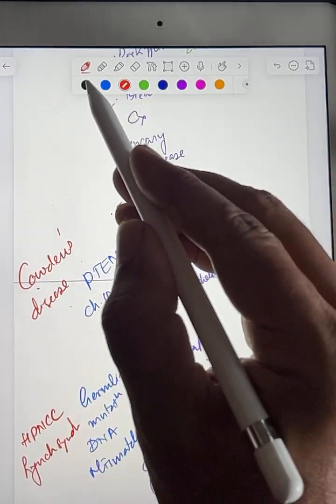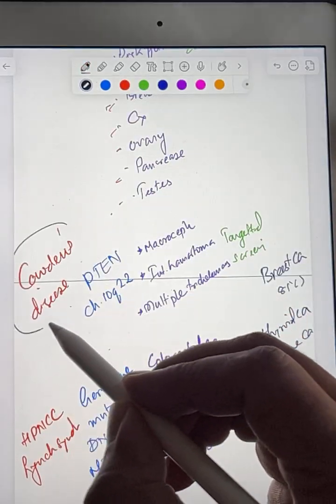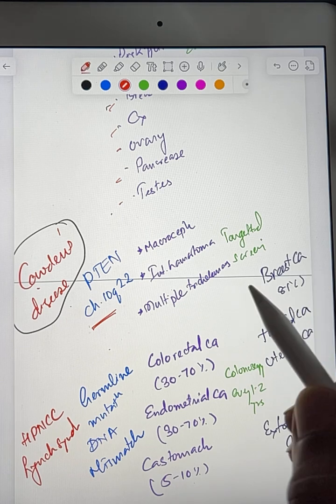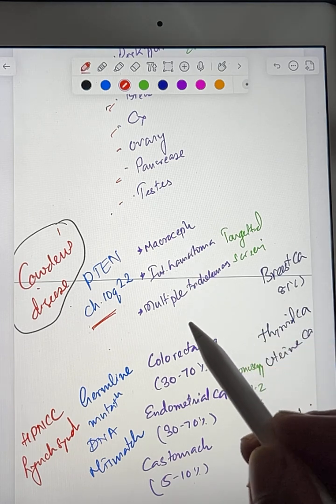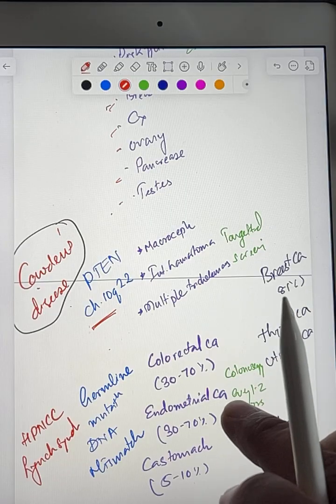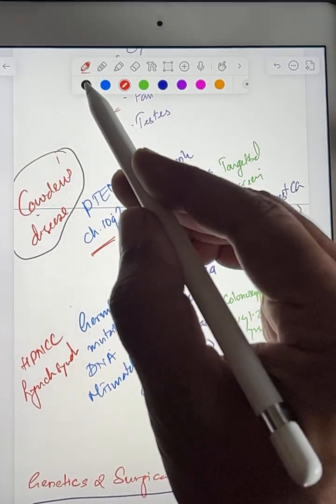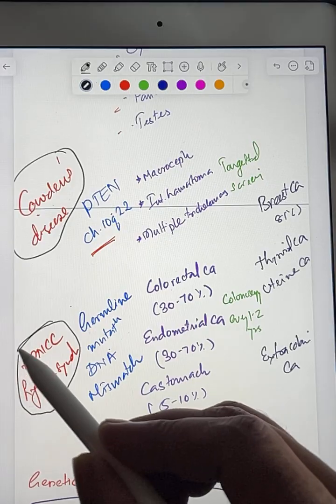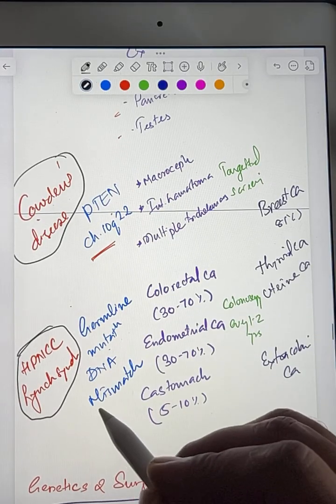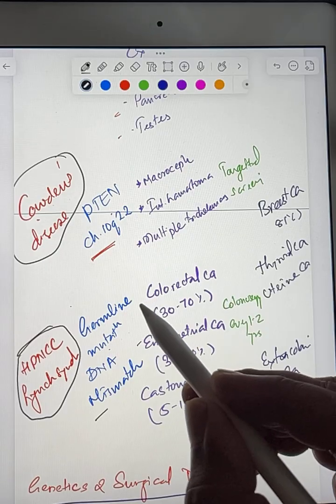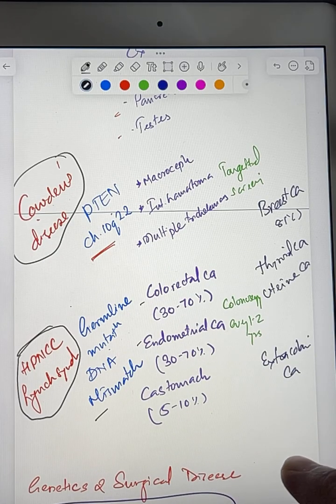Cowden's disease: PTEN, chromosome 10q, microcephaly, intestinal hamartoma, multiple, targeted screening, breast cancer. HNPCC or Lynch syndrome: germline mutation of DNA mismatch repair, colorectal carcinoma, endometrial carcinoma, colonoscopy.